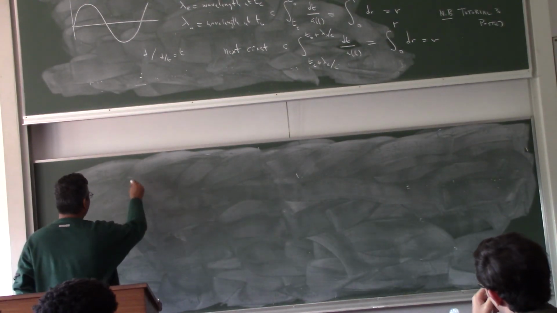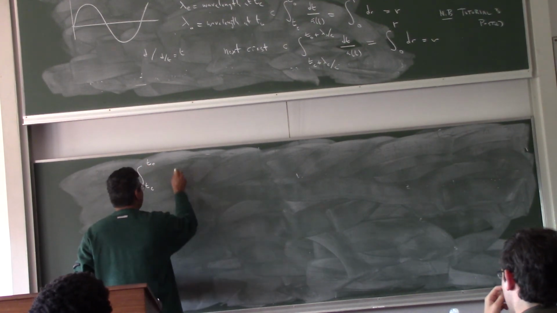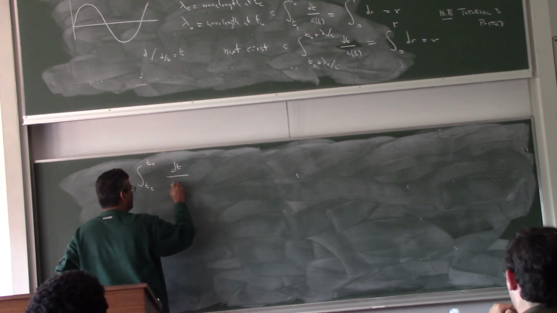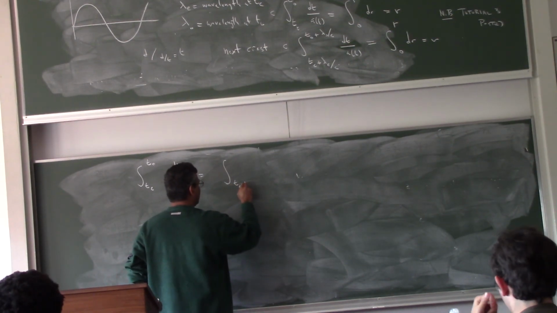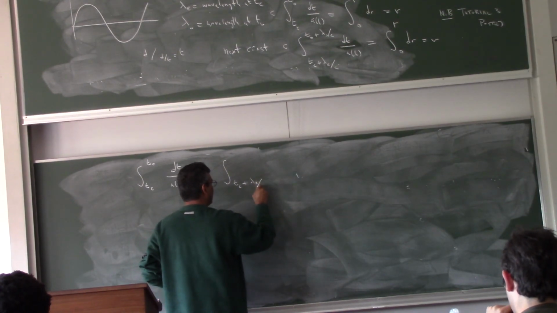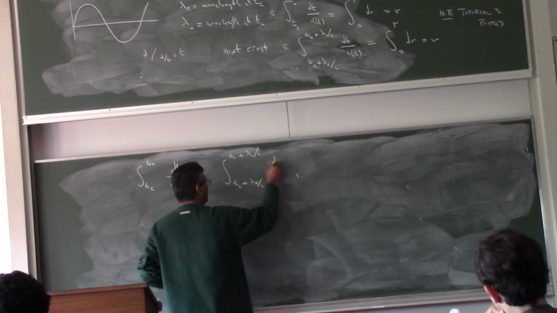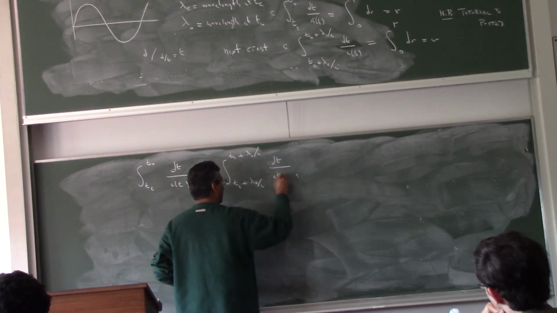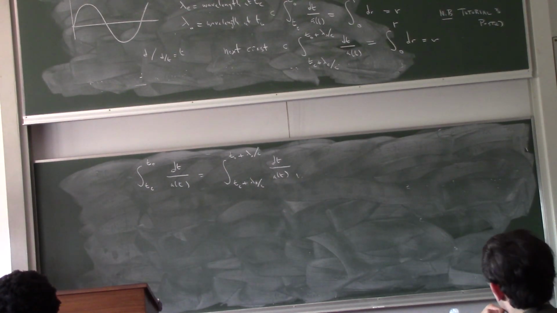We have the integral from t_e to t_0 of dt over a of t equals the integral from t_e plus lambda e over c to t_0 plus lambda 0 over c of dt over a of t. They're both equal to r.